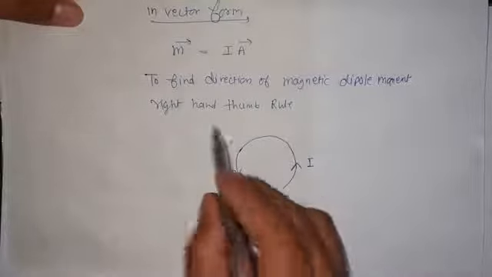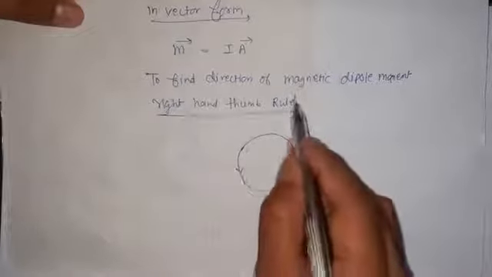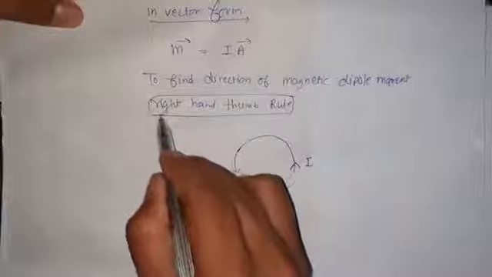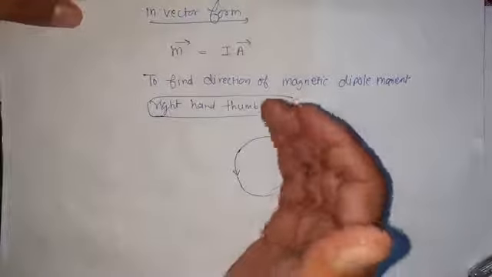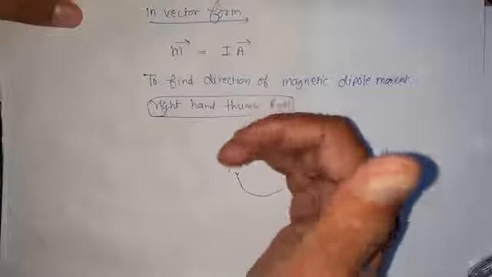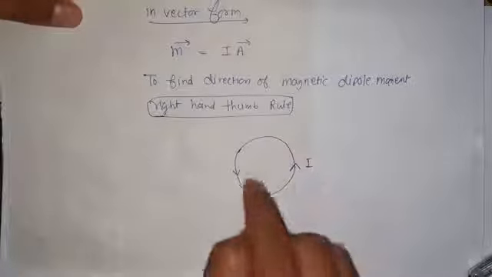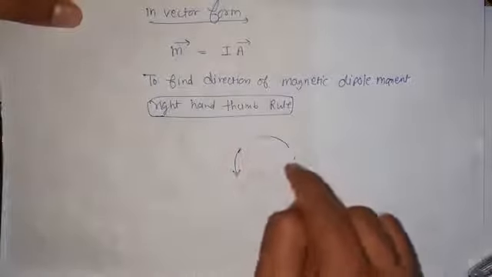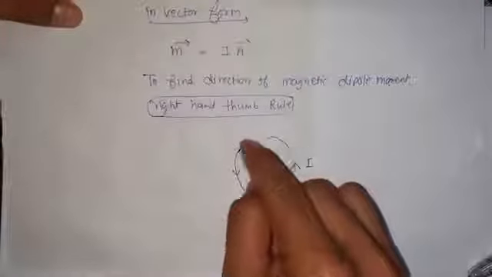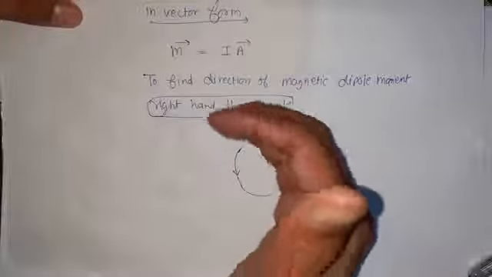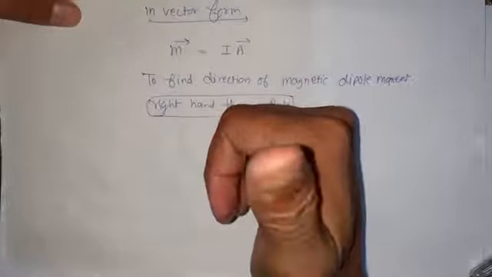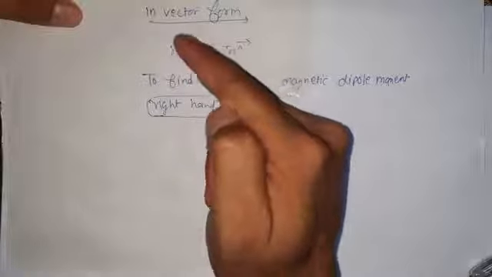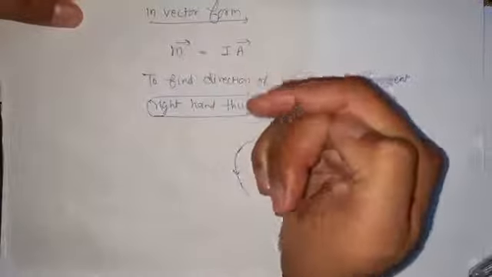Okay, so according to this right hand thumb rule, you have to curl your finger in the direction of current. Okay, what you have to do, you have to curl your finger in the direction of the current in that loop. So the thumb, the direction in which it will point out, that will be the direction of magnetic dipole moment.